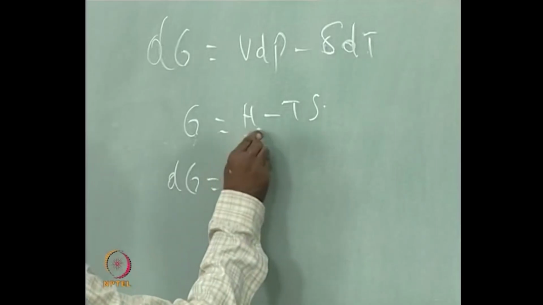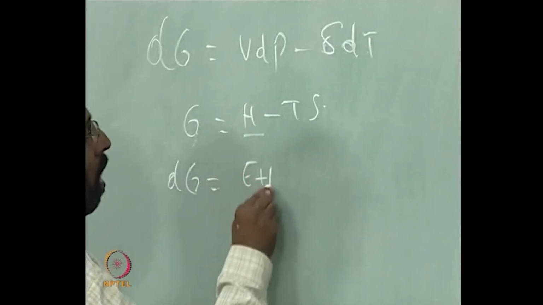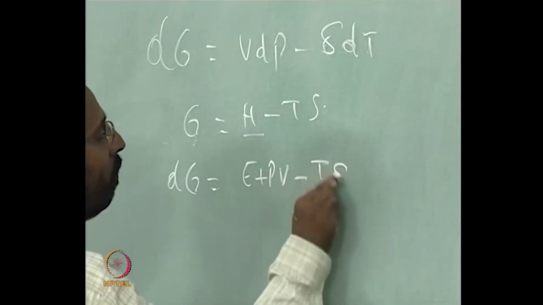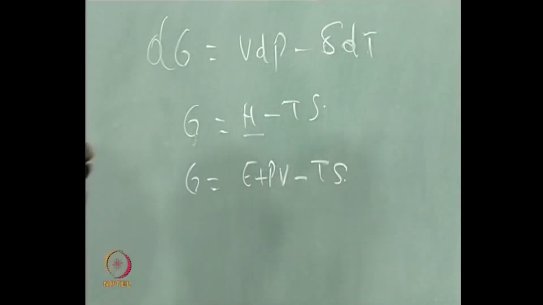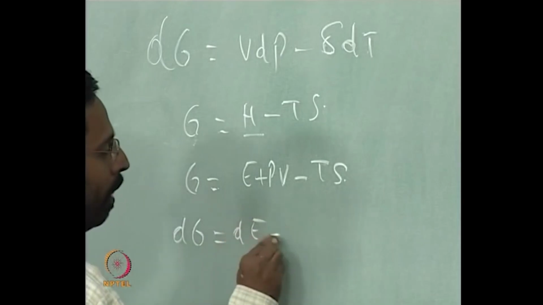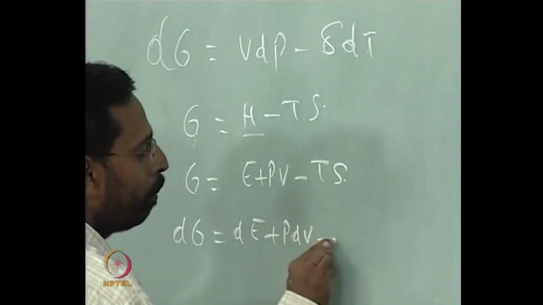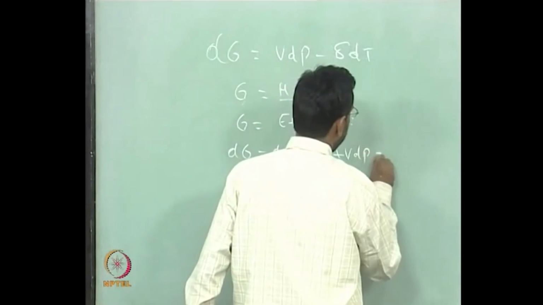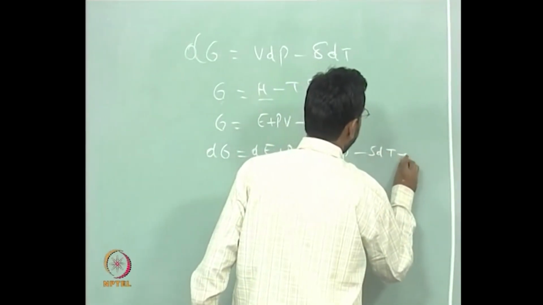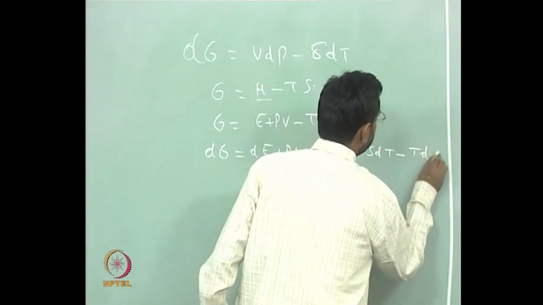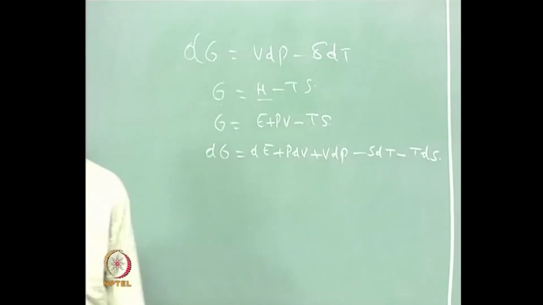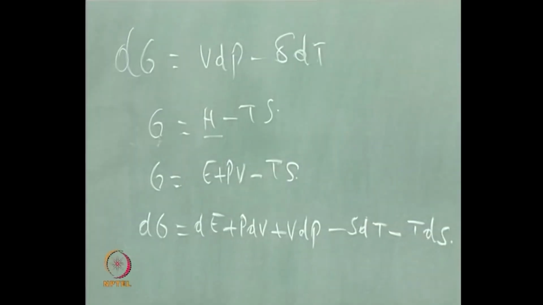Basically H is E plus PV, minus TS. If you write H as E plus PV, you can write dG as dE plus PdV plus VdP minus SdT minus TdS. This is how we can expand the whole thing.